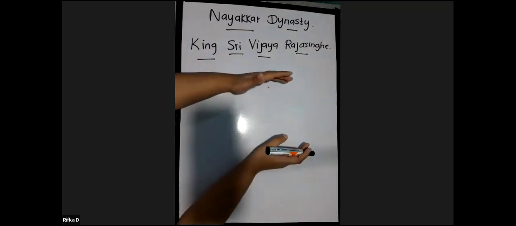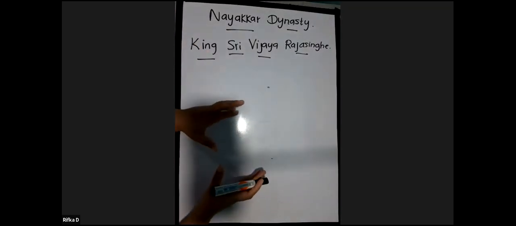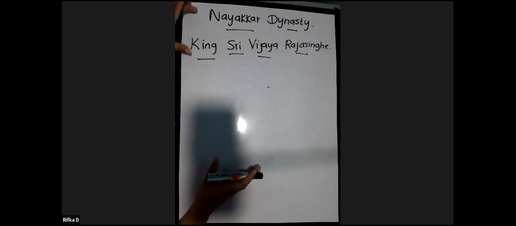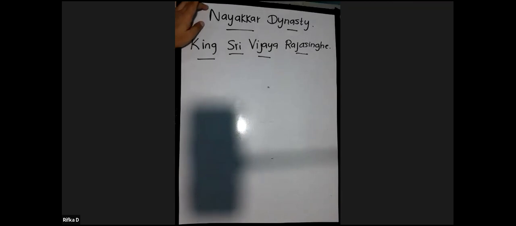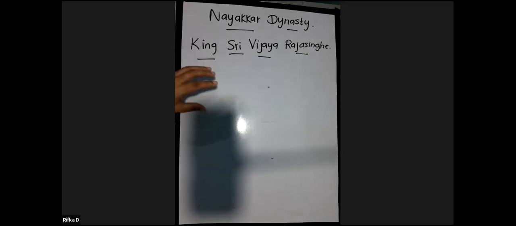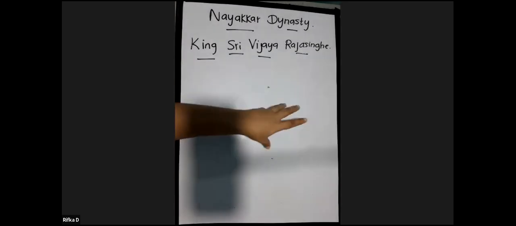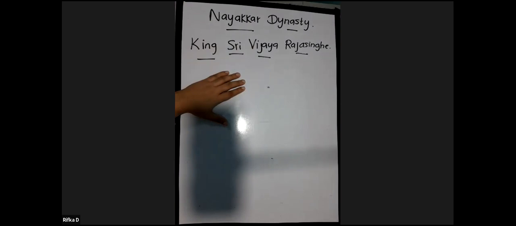Now, children, you know the Kandyan kingdom is a Buddhist kingdom, isn't it? So the king belonging to the Nayaka dynasty definitely faced additional challenges compared to the earlier kings, right?